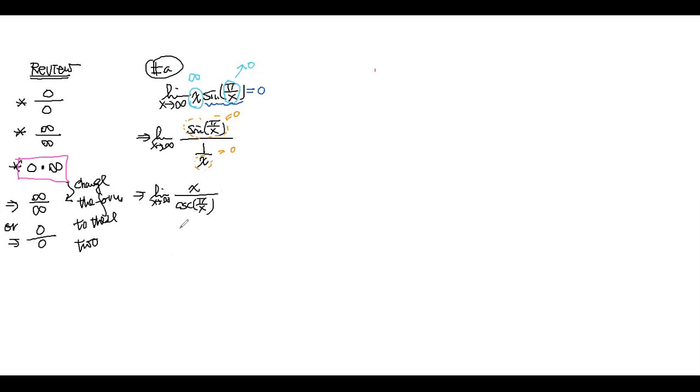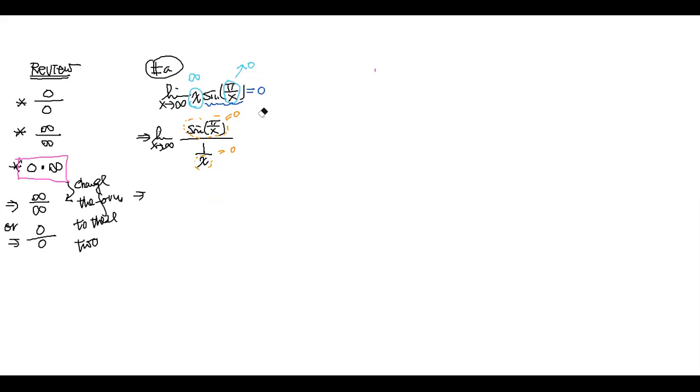Yes, of course you can do it this way, and then this will be infinity over infinity, because the cosecant of 0 is infinity. The reason we always look for the easier way is that some people might not remember the derivative of a cosecant. That's why I changed it this way, but you can do it either way.